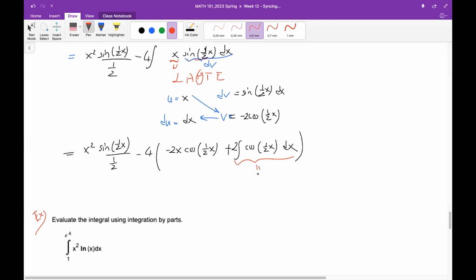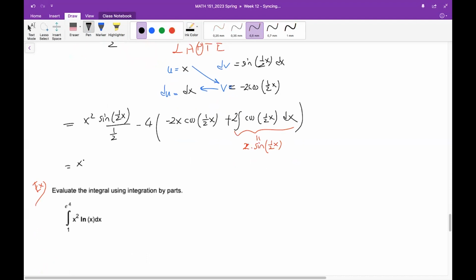So the integral here is what? The integral of cosine is sine of 1 over 2x multiplied by 2, okay? So the result is, let me write the whole result starting from the beginning. x squared sine of 1 over 2x, plus 4 times 2 is 8x cosine of 1 over 2x, minus 4 times 2 times 2 is 4, right?